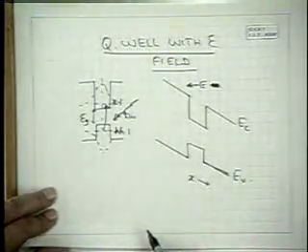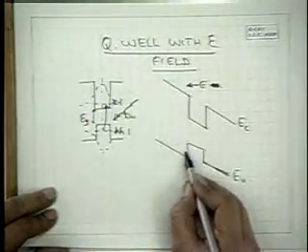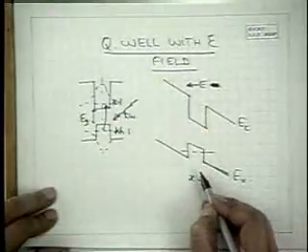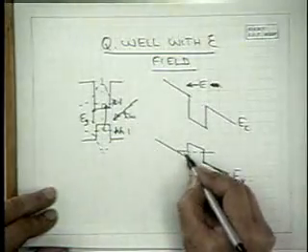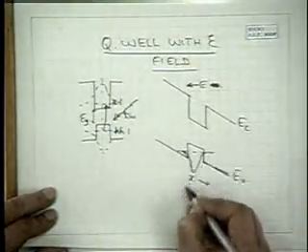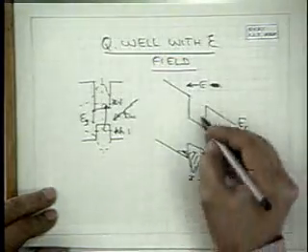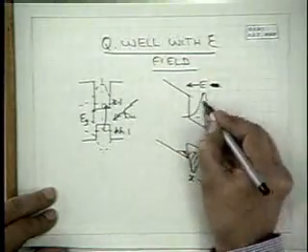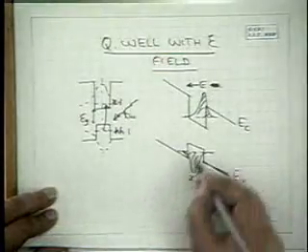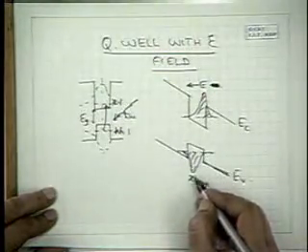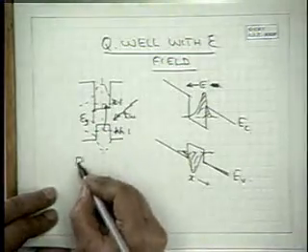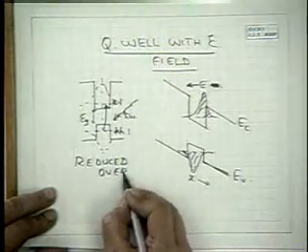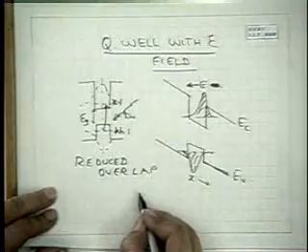Now, in this case, the hole wave function, the positive charge, is displaced towards the left, whereas the electron wave function is displaced towards the right, and as a result there is reduced overlap between the electron and hole wave functions.